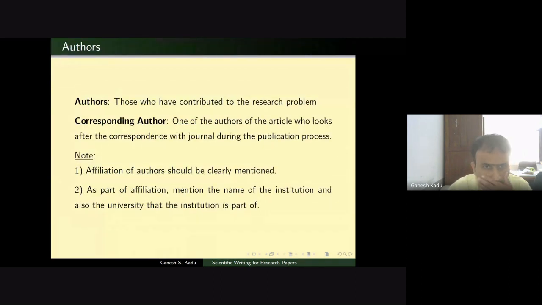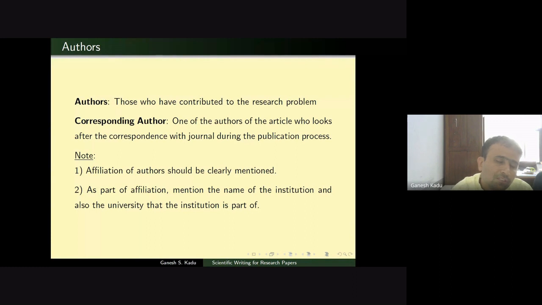Now, let me say a few words about authors and the corresponding author. Authors are those who have contributed to the research problem. The corresponding author is one of the authors. So let's say there are three authors in the article. They have worked towards a specific problem. Then the corresponding author is one of those three authors, and he or she looks after the correspondence with the journal during the publication process.